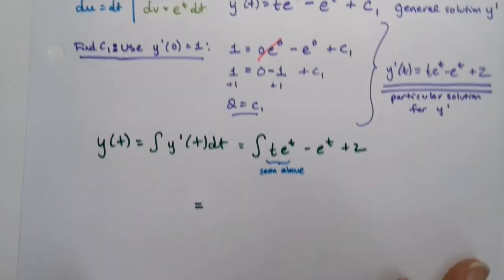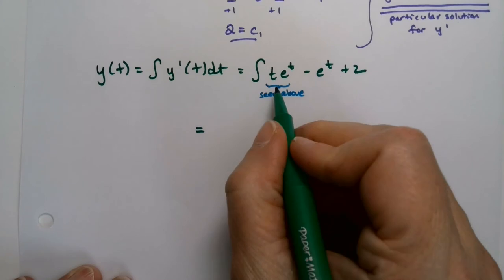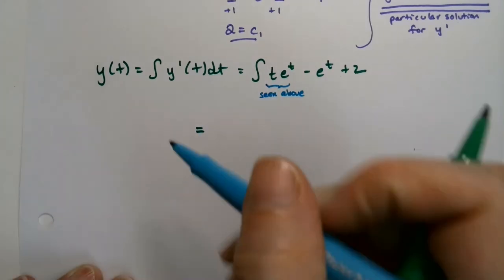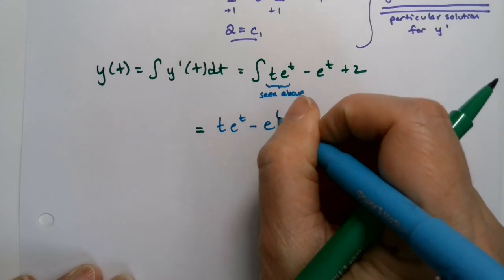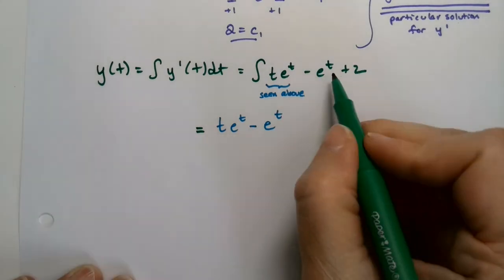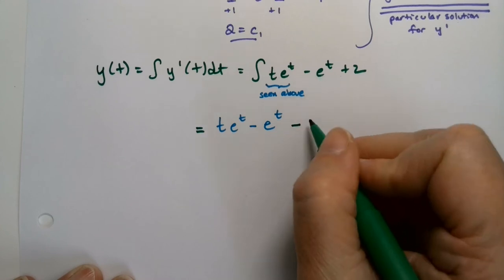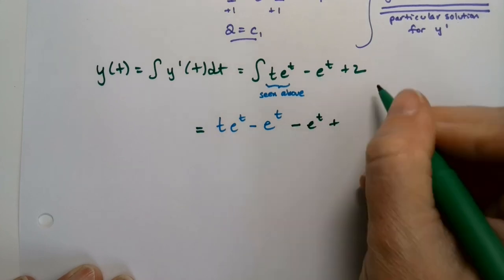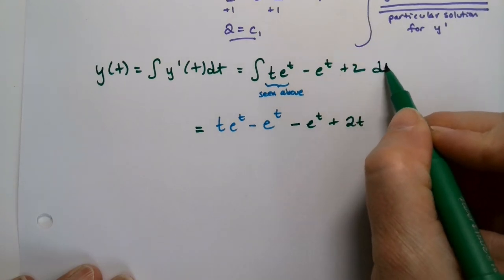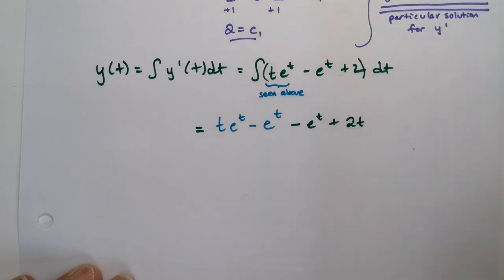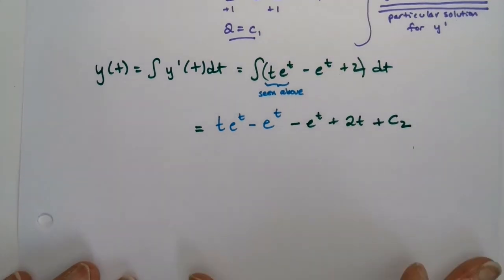It's going to be t e to the t minus e to the t, then minus another e to the t, because the integral of e to the t is e to the t, plus 2t, because we integrate that. Oh, I forgot my dt back here. My goodness. And then plus a new constant, c2.